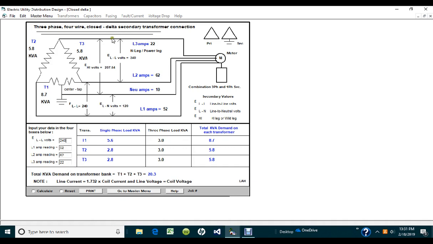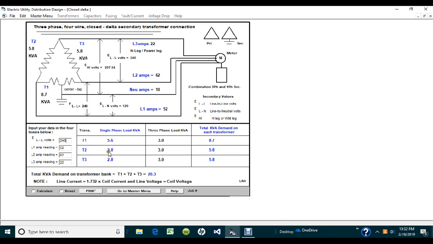There's no single phase load connected to the high leg to ground, and the other scenario that is a taboo scenario is that the high leg should never be greater than the other 2 legs on the transformer bank. In other words, this number has to always be less than or equal to line 1 and line 2. Okay, if not, you have a problem.